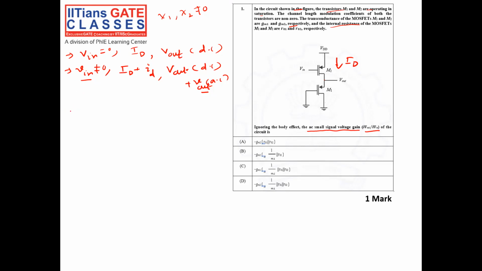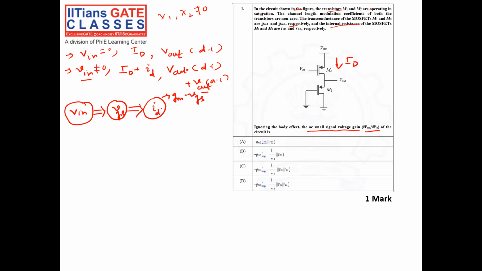You see, when I apply an input AC, it goes and modulates the gate to source voltage of the MOSFET. Then, corresponding to the change in gate to source voltage, there will be a change in drain current, which is nothing but the AC current flowing through the transistor, which is the transconductance of the transistor times the change in input VGS.